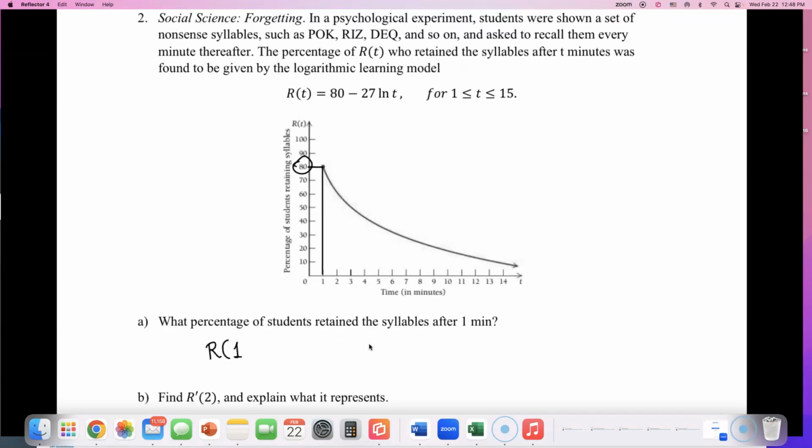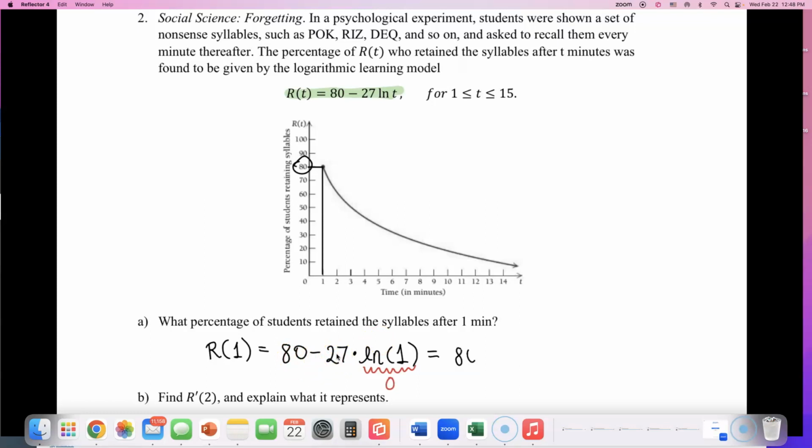Plug in 1 into R of t. So if you do 80 minus 27 times natural log of 1. Natural log of 1 will give you 0, so you end up with 80 minus 27 times 0.